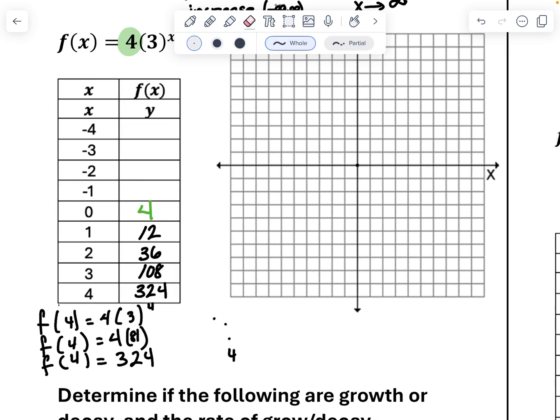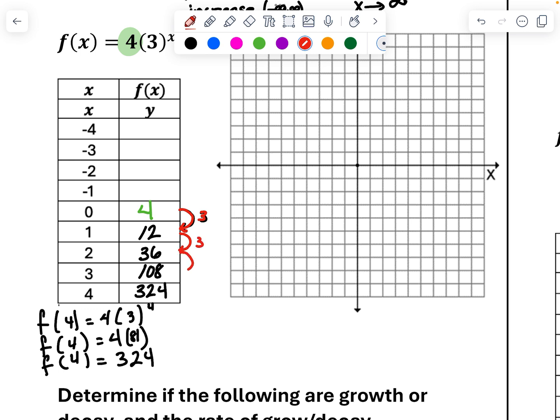Okay. So it looks like those are all being tripled. Would that be fair to say? Would it be fair to say that if you take 4 and you multiply it by 3, you get 12? And we take 12 and we multiply it by 3 and we get 36.